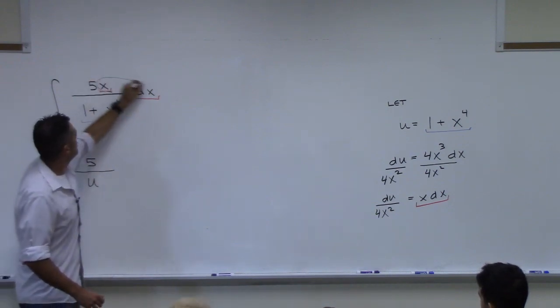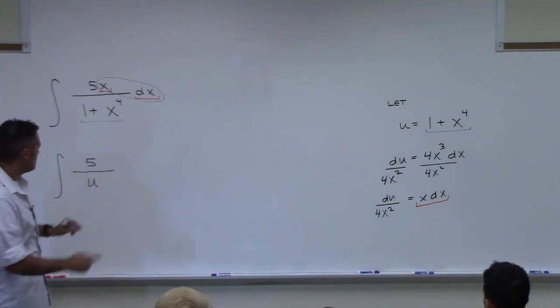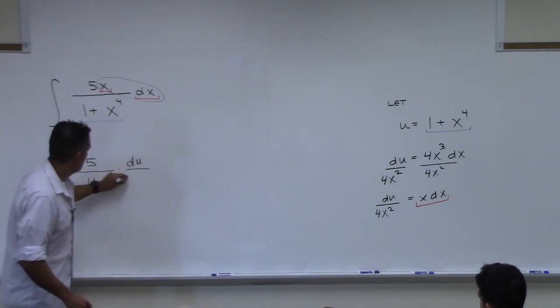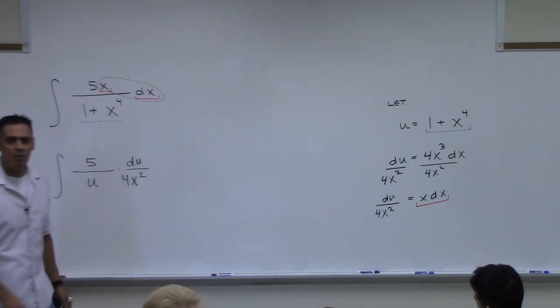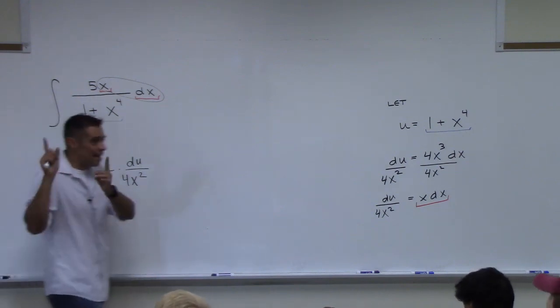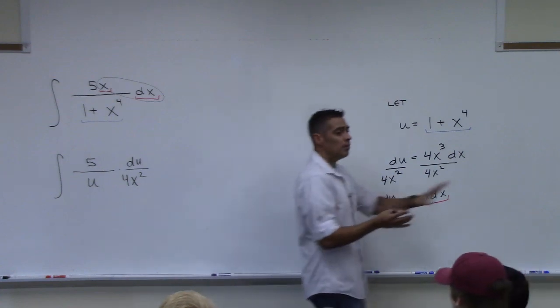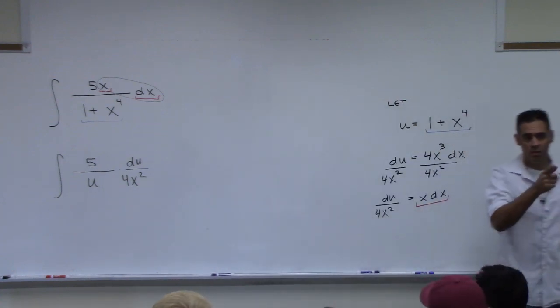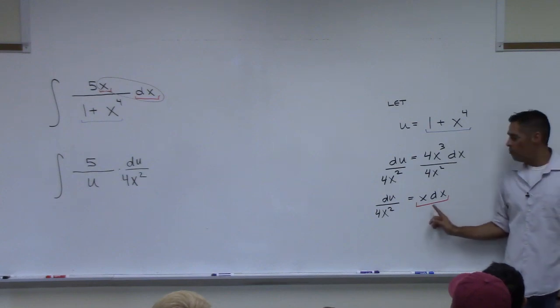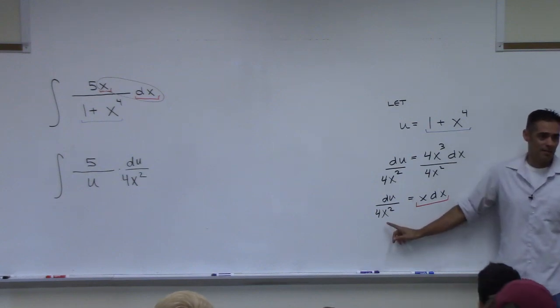And then this x dx is being replaced with du over 4x squared. Now, what's wrong with this? You've got two variables in there. You've got u and x still mixed together. Your goal is to get from x's to u's and only u's. So good, you created the x dx, but the problem was the other side had x's in it, right?